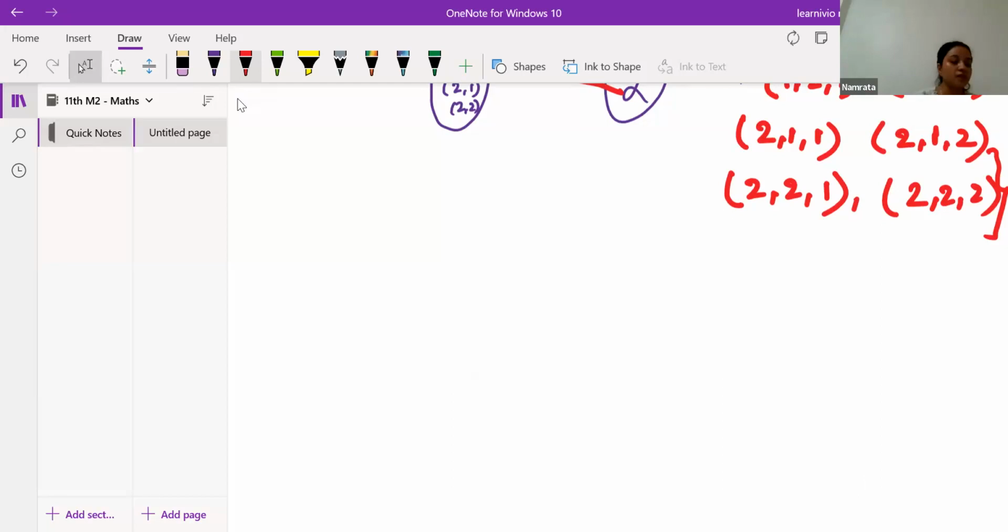So the first question of the exercise. Let's do a few questions related to the Cartesian product, then we will move to the next concept.